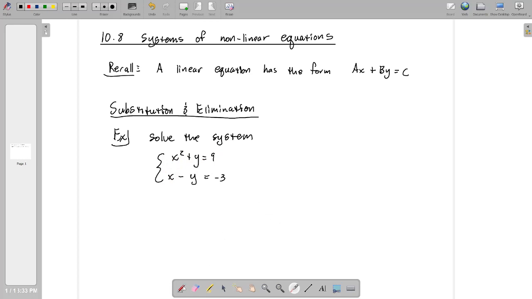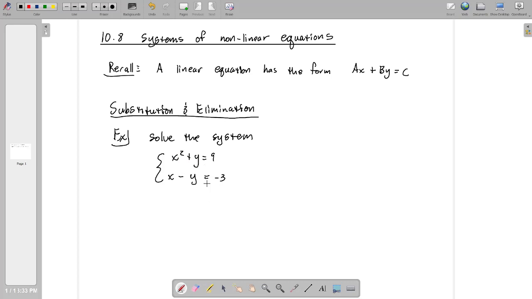Now, I'm going to use substitution in this problem. And what I want to do first is solve for y here. Basically, what we're looking for is any ordered pair that satisfies both of these equations, just like before, except before we had linear and now we have nonlinear equations.